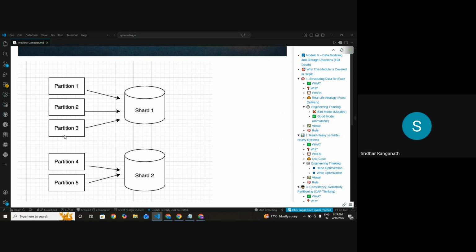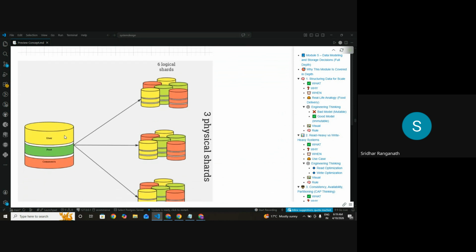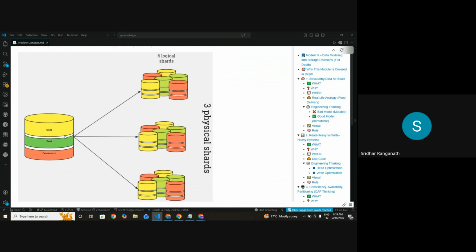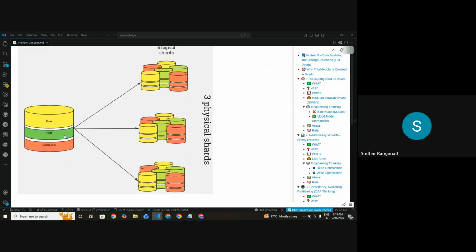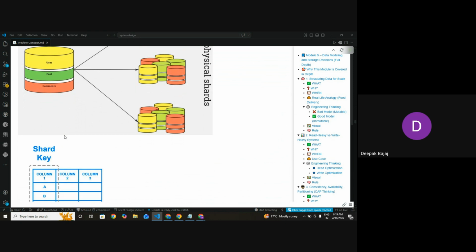Partition: you're clubbing, like clustering the partitions. For example, three partitions into one, that is a shard. That is shard one. Then four in front, another shard. Logical shards, six logical shards: user, post, comments.